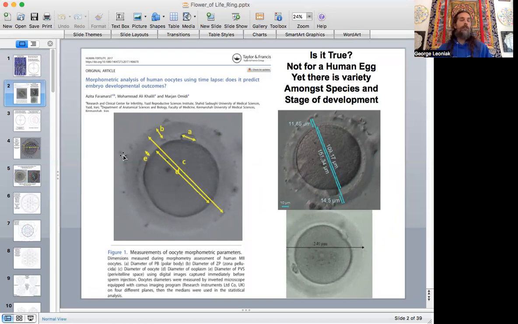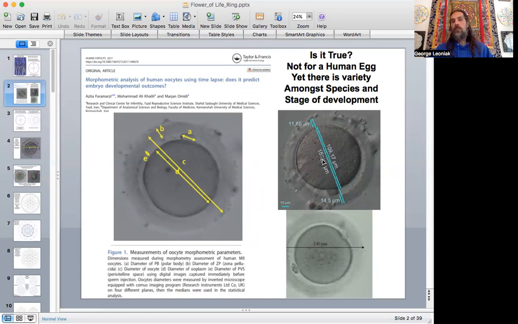Like I said, there's a lot of variety among species and stage of development that the egg is taken from. This picture here on the left is from this article written here, and it's giving you the measurements, but the Zona Pellucida measurement here is the length, this distance B, and this is the inner portion of it.